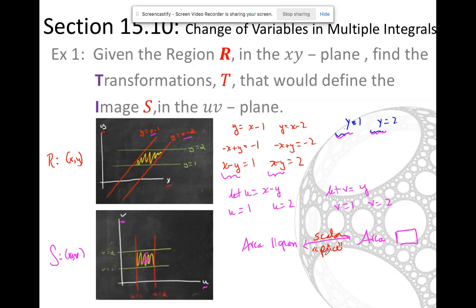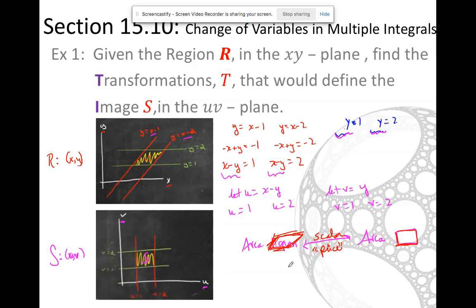Now, your book does a nice job of taking you through why this scalar turns out to be what it is, but I'm just going to briefly say that if you have a parallelogram, it's a terrible parallelogram, by the way, on one side, and you have a rectangle on the other side, the area of a rectangle is not a big deal: you just have a product of your length times your width.